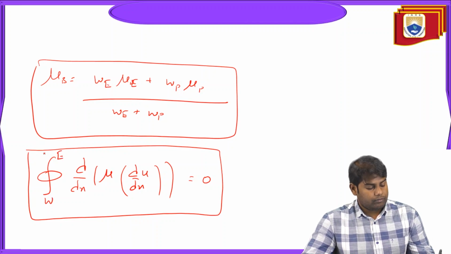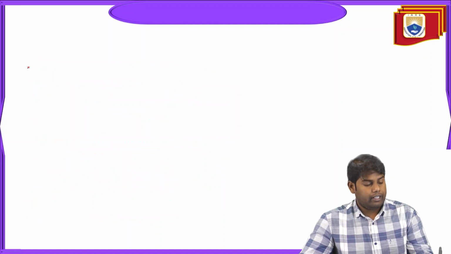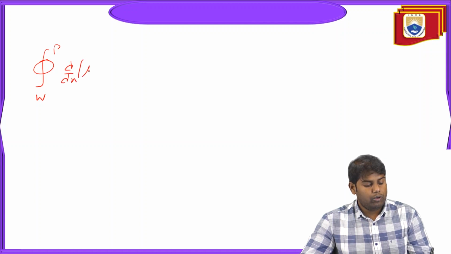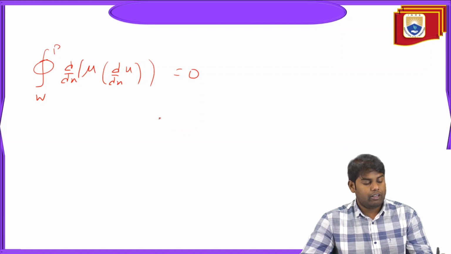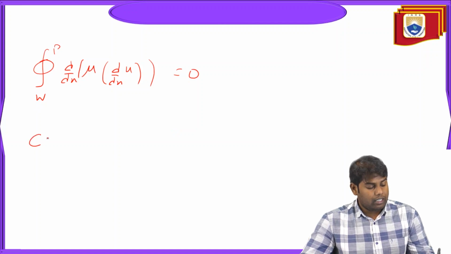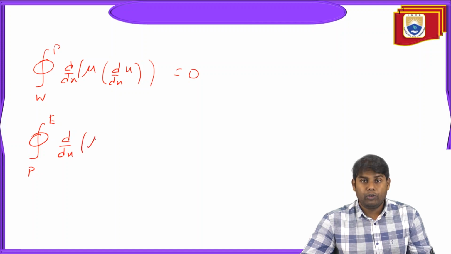We take this as, let's say, from west to P, the integral of d by dx of mu times d by dx of u equal to 0, which is in between W and P. The other one is from P to E, d by dx of mu times d by dx of u equal to 0.